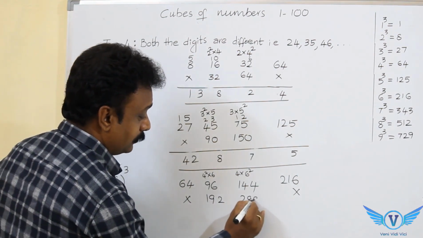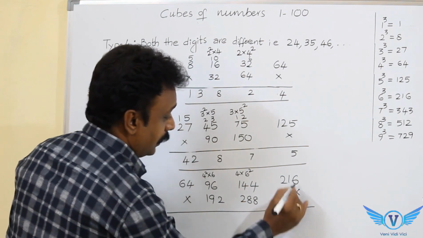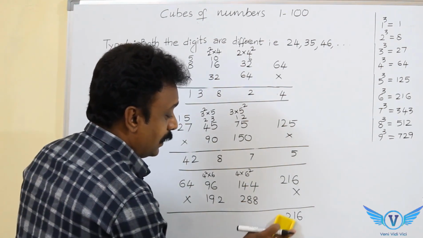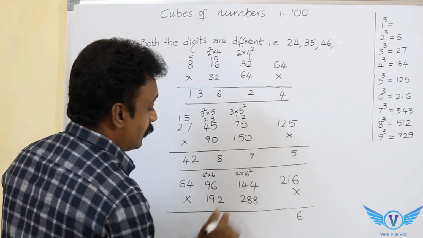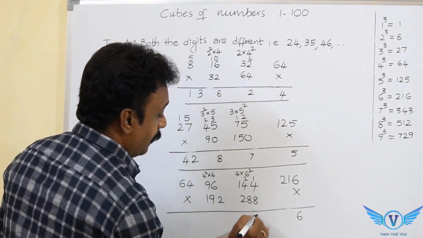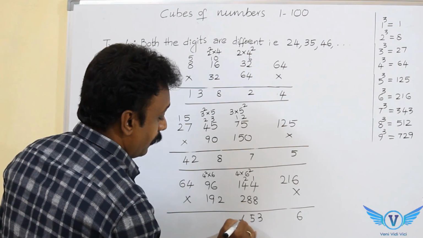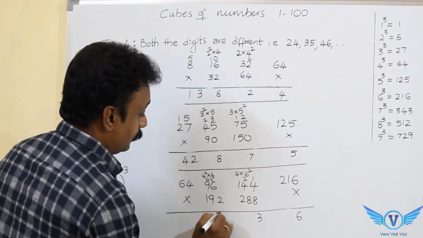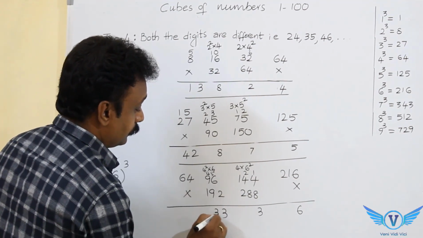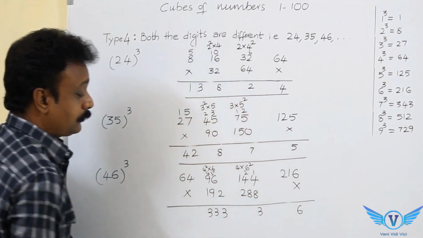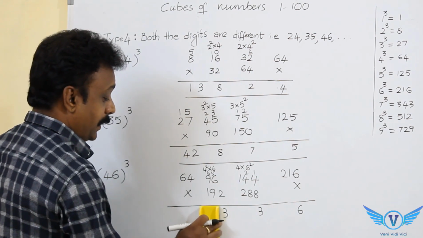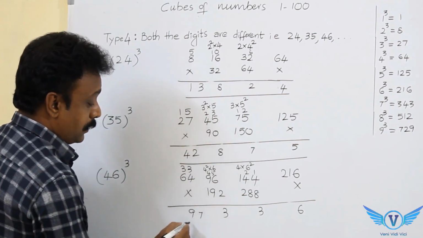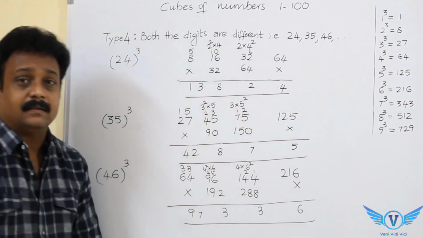Double this number. Let us add 216 plus 0, 216. But we write 6 only. 21 will be carried. 45 will be carried. 33 will be carried. So this will be your answer.